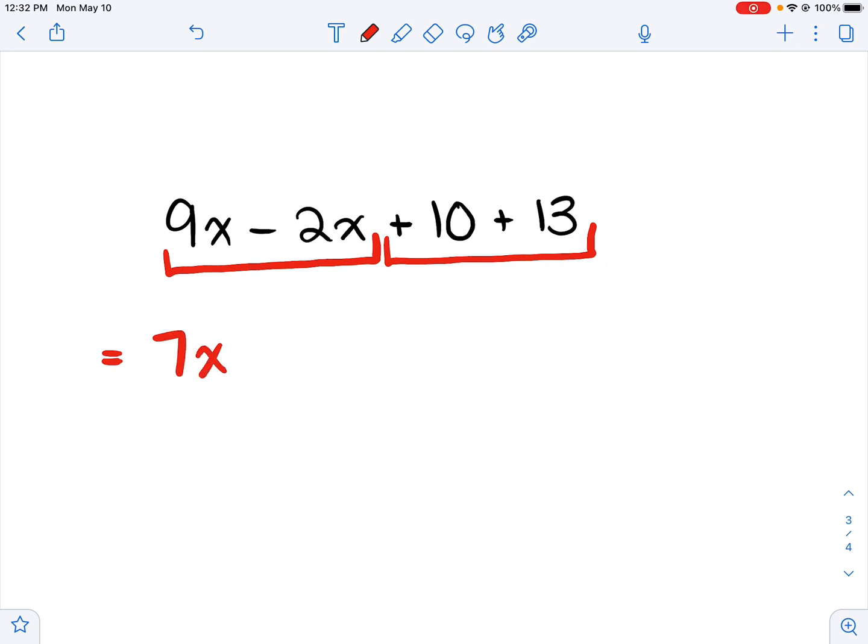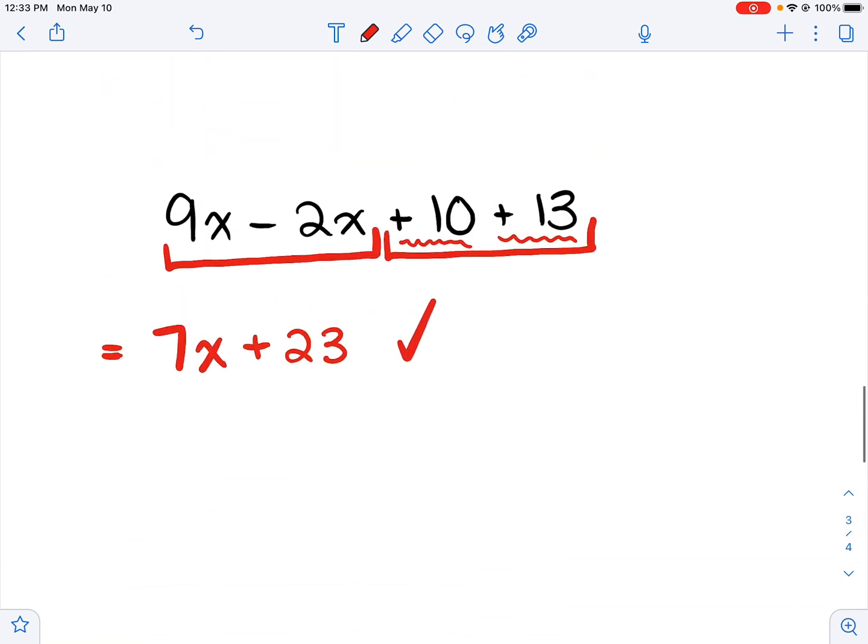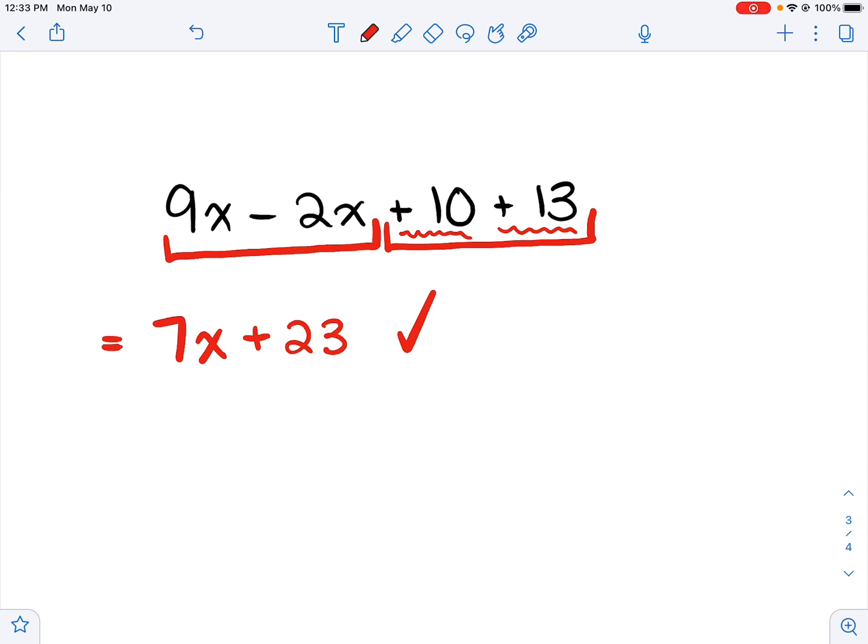So we have 7x. Then let's add our numbers. We have 10 plus 13. So we have positive 23. And we're done. This one has an x and this one doesn't. And that is the end of like terms.